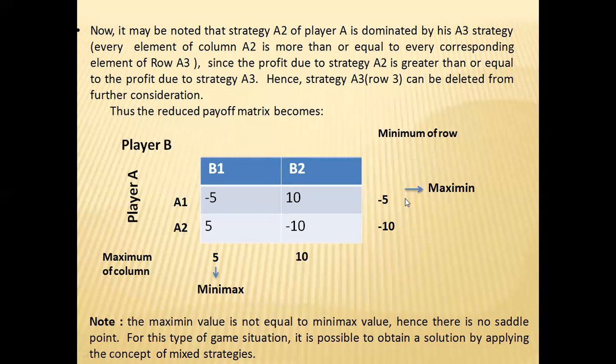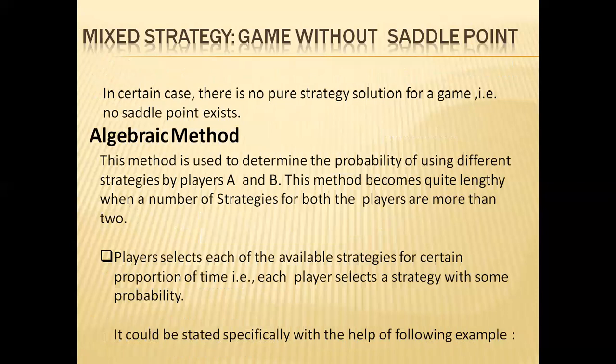Here we come to the conclusion that the maximum value is not equal to the minimum value, so there is no saddle point. For this type of game situation, it is possible to obtain the solution by applying the concept of mixed strategies, which can be solved using mathematical relations, matrix form, or graphical representation, whichever the condition allows.